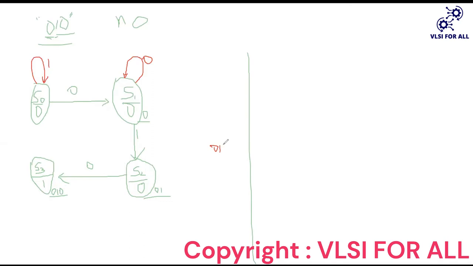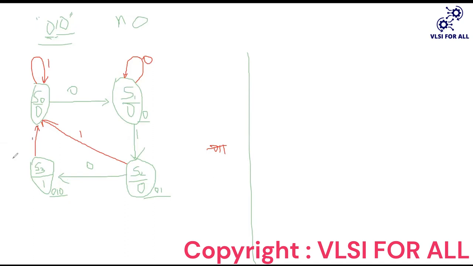If we get 1 again, it becomes useless, so we will be moving to the initial state again. And in the S3 state, if we get 1 instead of 0, we will again move back to the initial state.